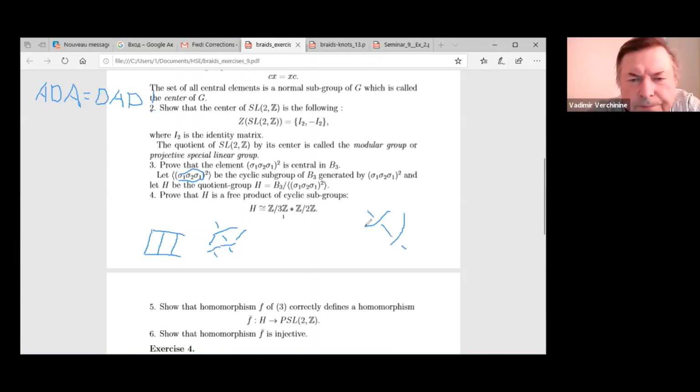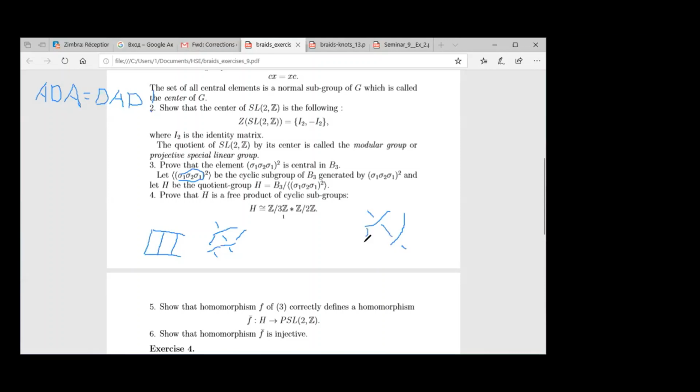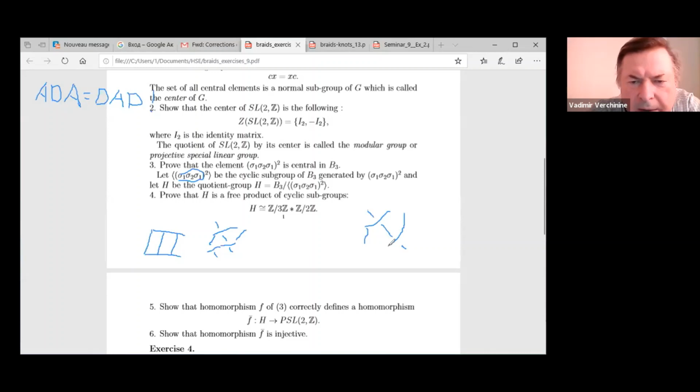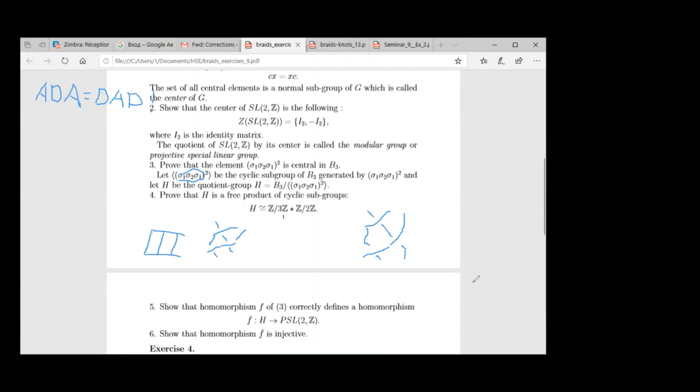Sigma 2. Right? Sigma 1 again. You see? Yeah, yes, I see.